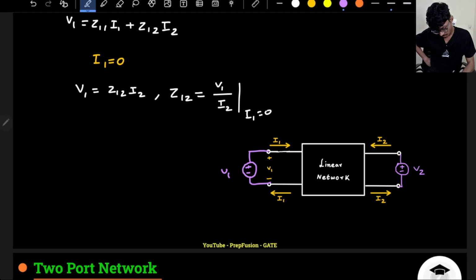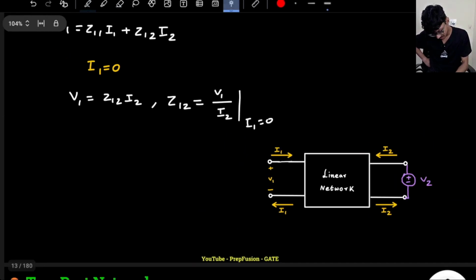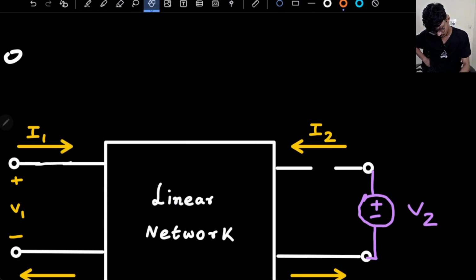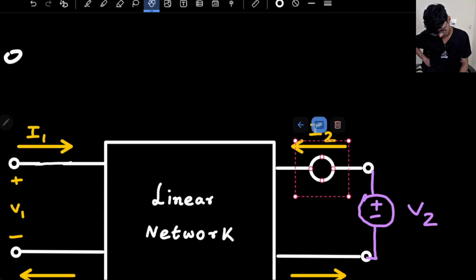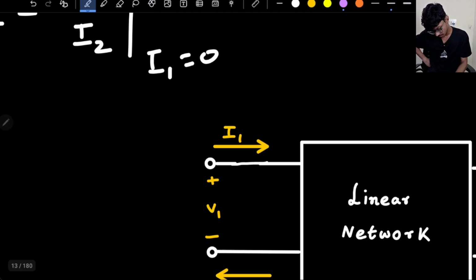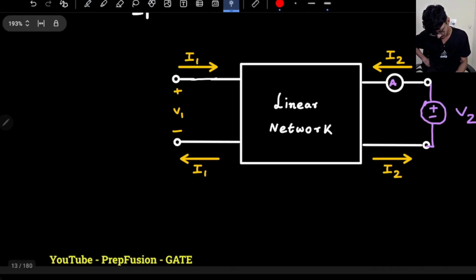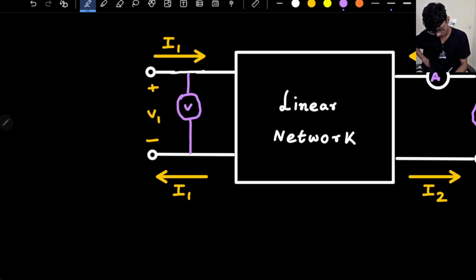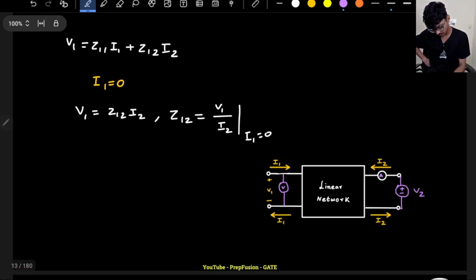This is what I have to measure: the current in port 2. So I will connect an ammeter here in port 2, and I have to measure the voltage in port 1, so I will connect a voltmeter. Port 1 is open circuited, that is fine, but of course I can connect a voltmeter to measure the voltage across port 1. So this is my configuration for this case.